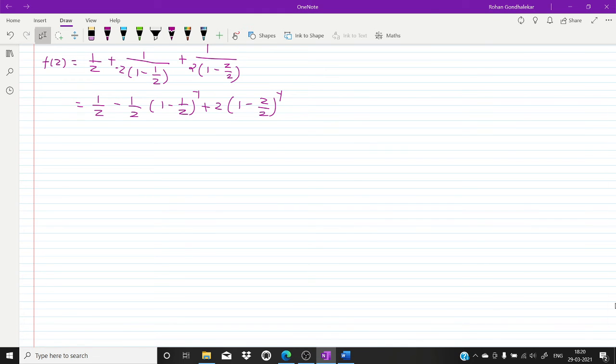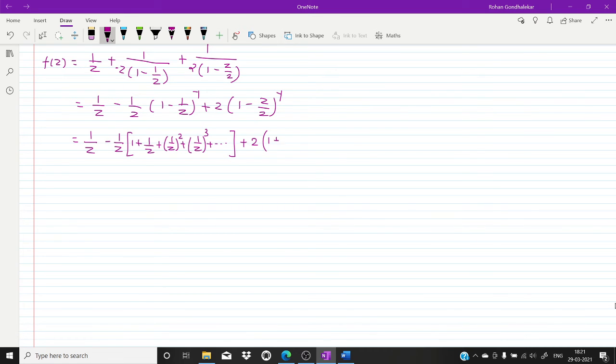Yeah. Now this is equal to the first term as it is, because already in the powers of z, minus 1 upon z into bracket 1 minus variable. What is the formula for 1 minus variable inverse? 1 plus variable plus variable square plus variable cube plus and so on, plus 2 into bracket.